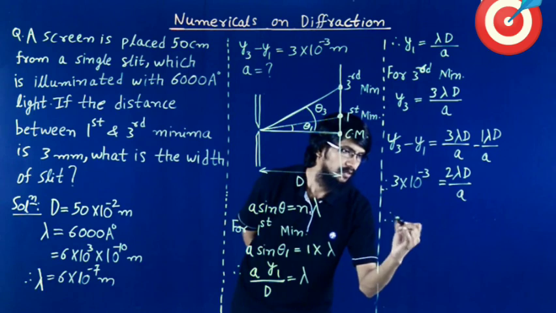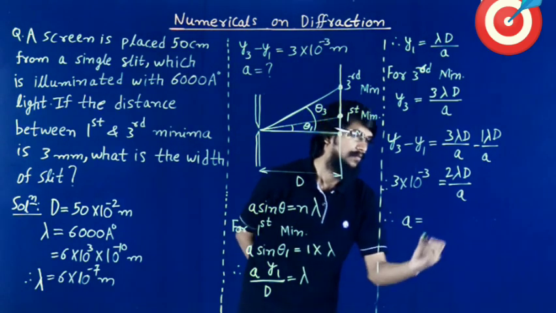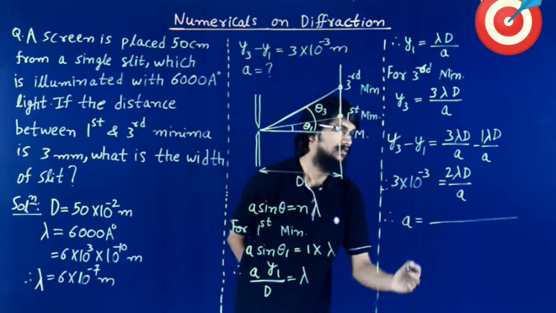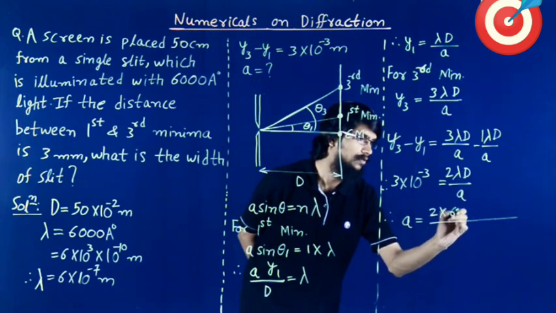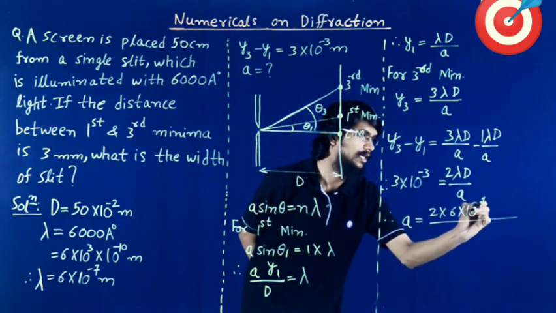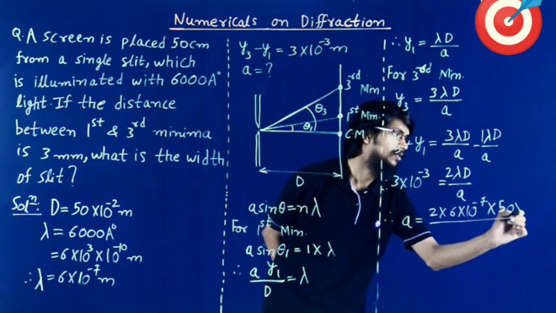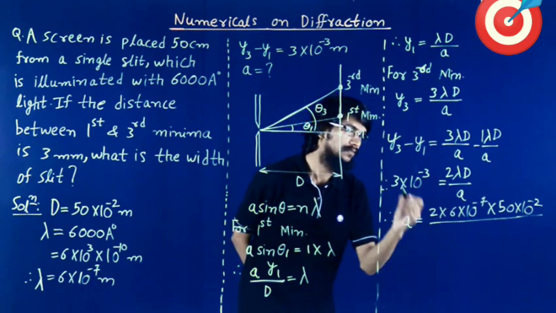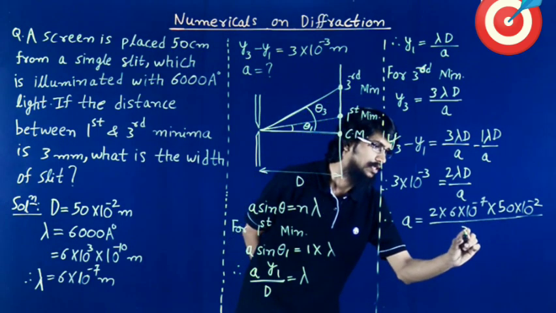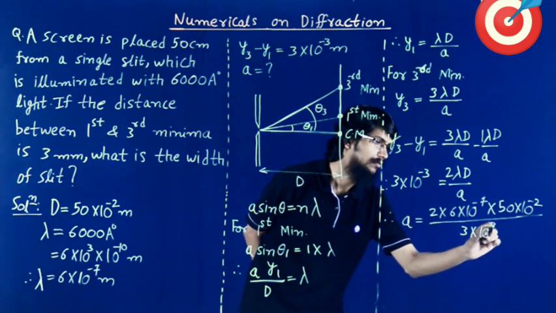So let's put the values of lambda and D. Just rearrange the terms. So 2 into 6 into 10 raised to power minus 7, which is given in our data, into D, which is given as 50 into 10 raised to power minus 2, because it's in centimeters and we have to convert to meters, and you write 3 into 10 raised to power minus 3 in the denominator.